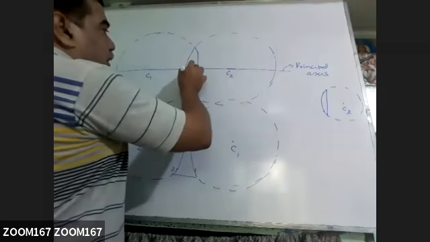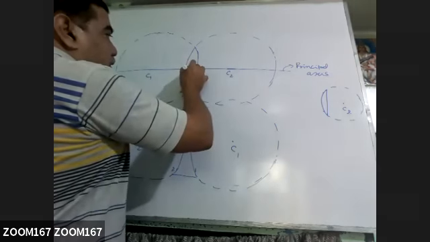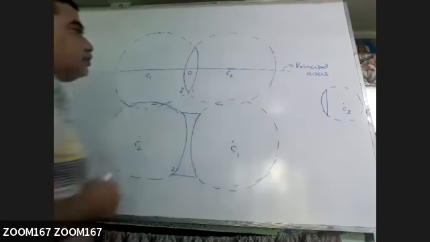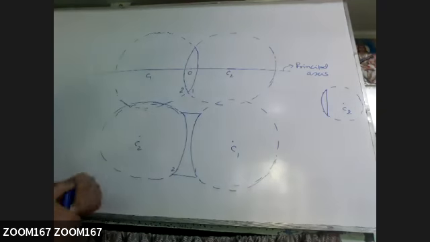Now the center of this lens, this we call optical center or pole.